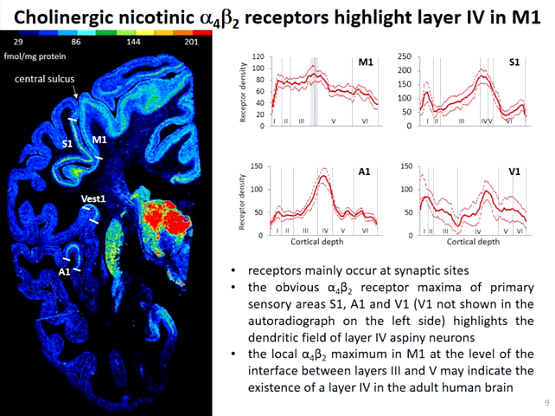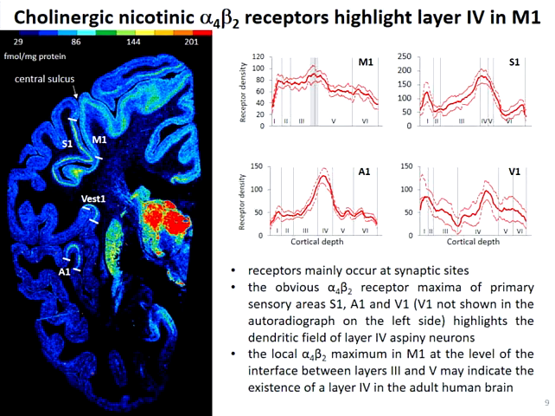And in the profile obtained from the primary motor cortex, we also have a peak at this interface between layers 3 and 5. So we tentatively identified an area which we defined as layer 4 in the primary motor cortex, and it is highlighted here in the profile by this gray stripe.